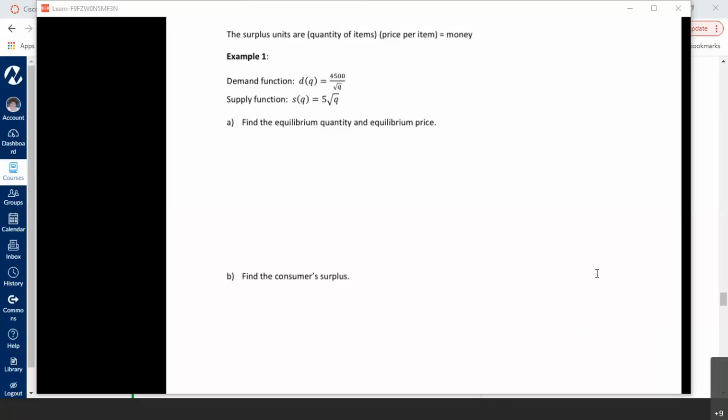Yeah, 900. Okay, so again, I'm going to have to try this a little bit differently. Please bear with me. 900 is right. Did anybody solve for equilibrium price?